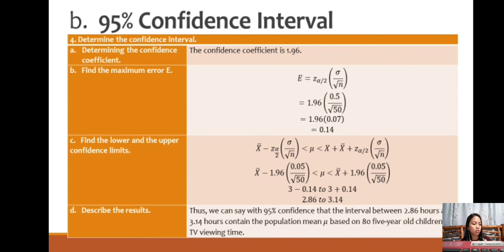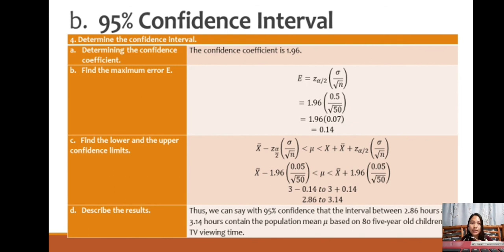Then this is equal to 0.14. This is approximated to 0.14. Now since we have the value of E, 0.14, it is easy for us to get the lower and upper confidence limit.